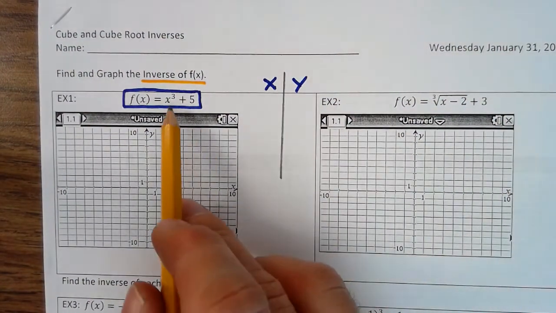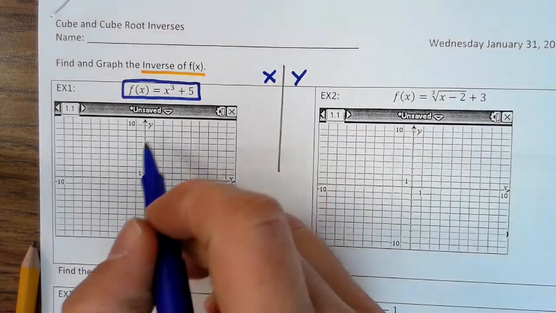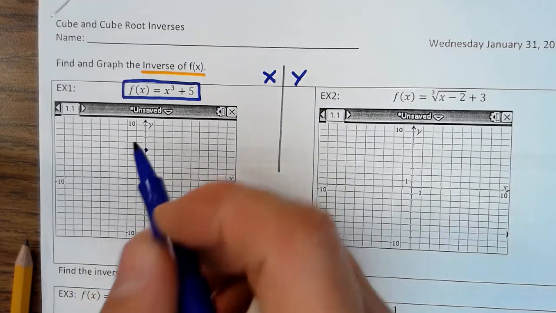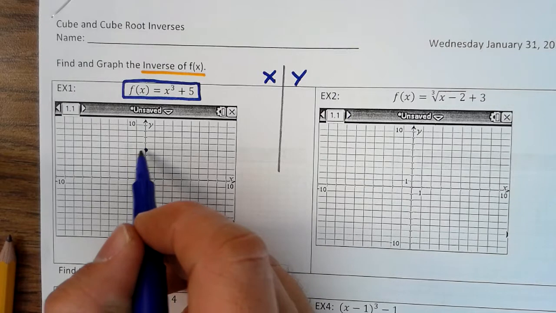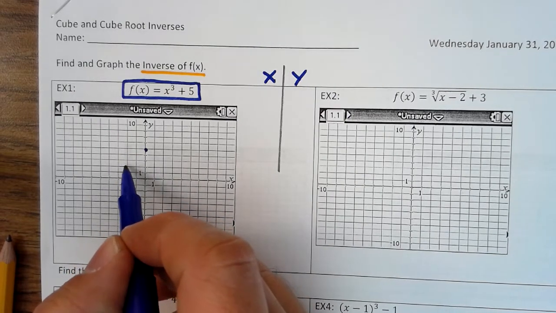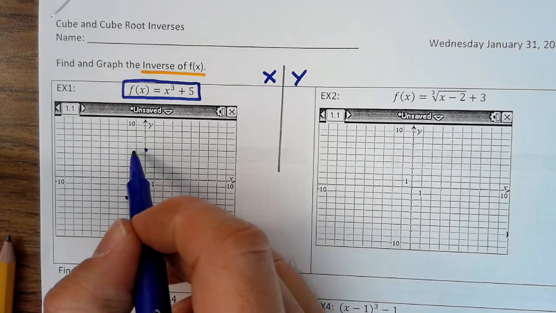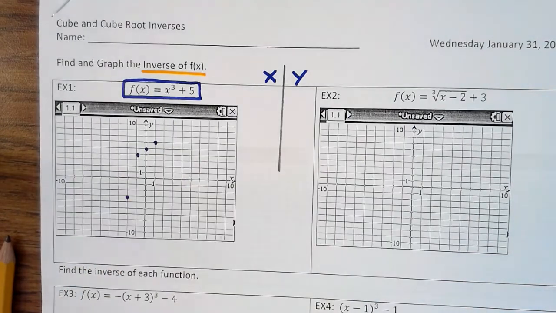All right, so here we know that the vertex goes up 5, so we go up 1, 2, 3, 4, 5. And then graphing by direction, we know that we go left 2, down 1, 2, 3, 4, 5, 6, 7, 8. Left 1, down 1, right 1, up 1, and we don't need to go there.